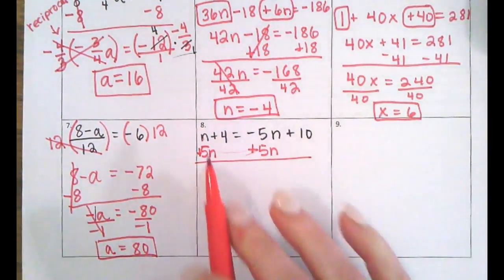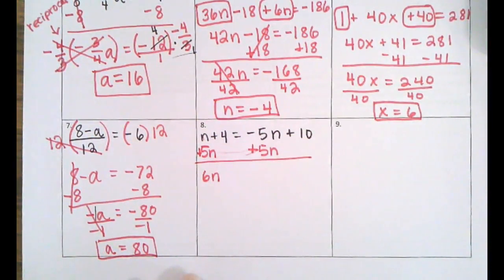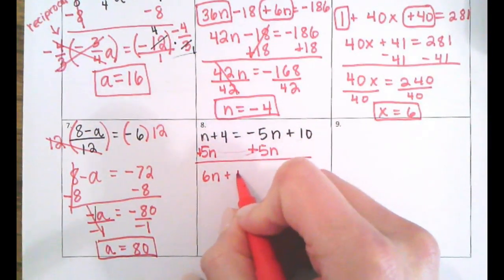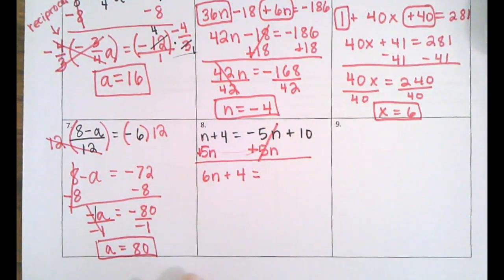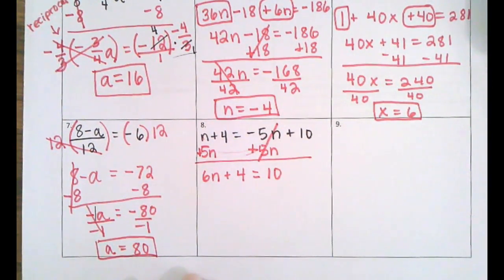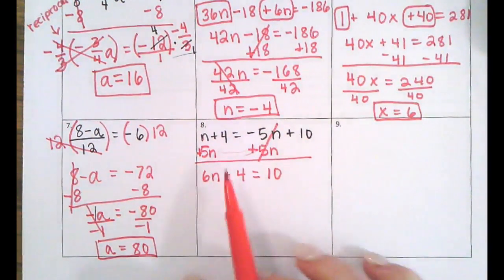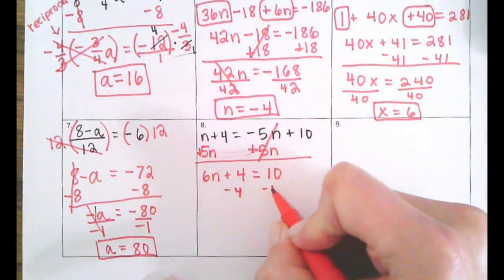Simplifying to the next line, I have 1n plus 5n to get 6n, plus 4 stays there like it was. This is what canceled off, and I'm left with 10 on this side of the equation. Now this looks like our typical two-step equation, and I'm going to first get rid of the added 4. So I'm going to subtract 4 from both sides.